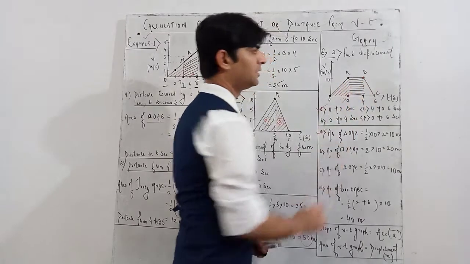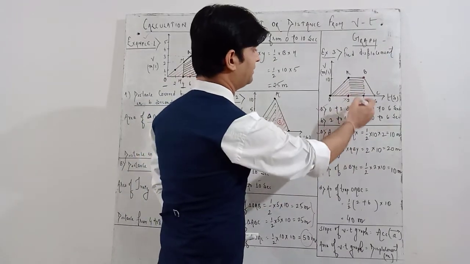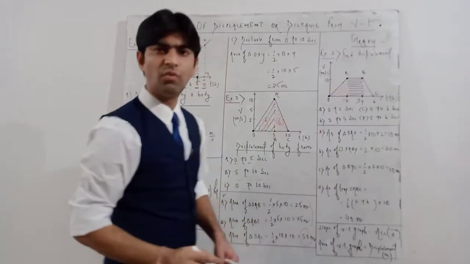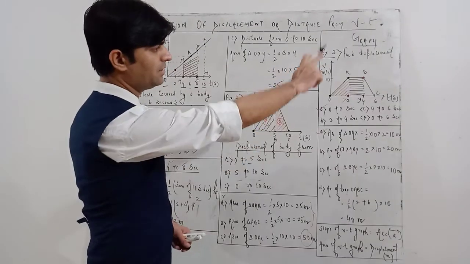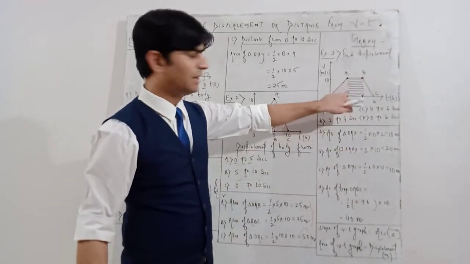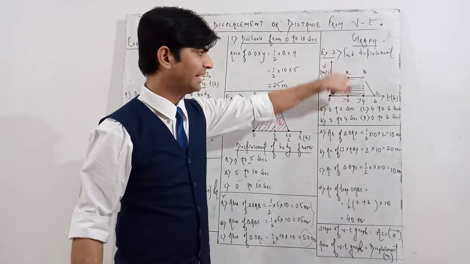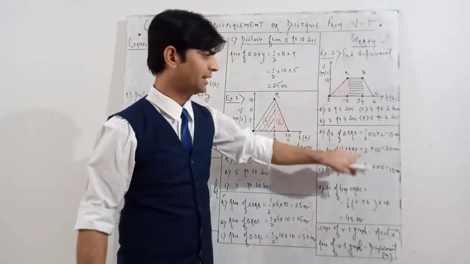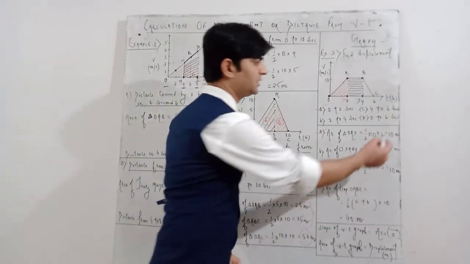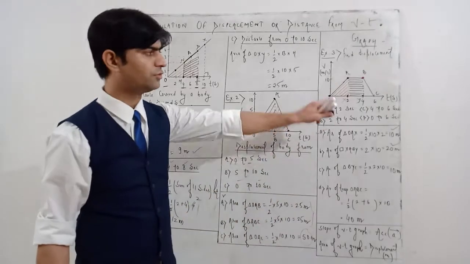You are getting a rectangle. So the area of rectangle XABY, this point I am writing as Y: length into breadth, 2 into 10, is 20 meters. So you got 10 meters for 0 to 2 seconds and 20 meters for 2 to 4 seconds.